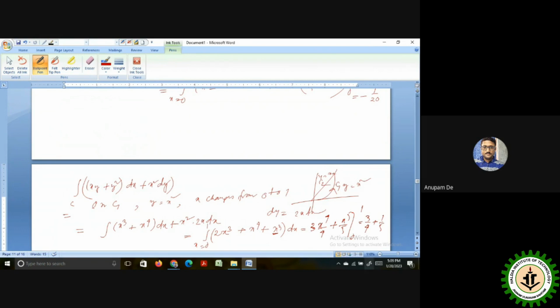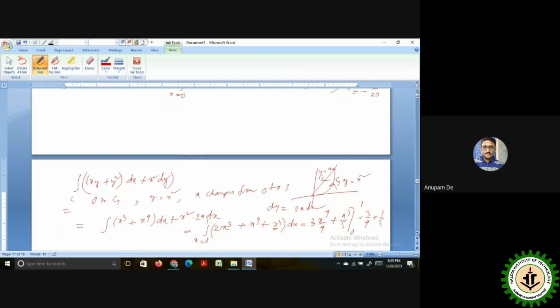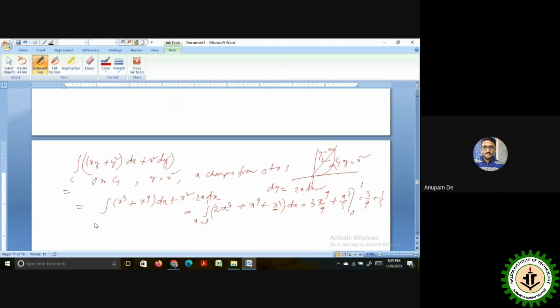This is on the curve C1, and now on the curve C2. On C2 what will happen? y equal to x, and x changes from 1 to 0, right?